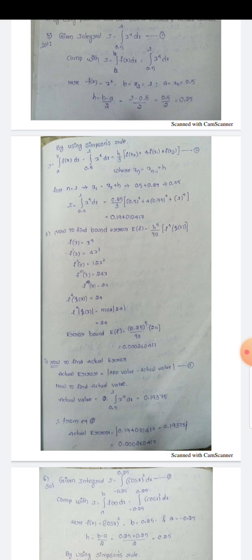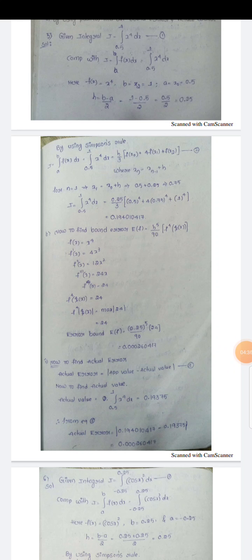After simplifying, we get the value 0.194010. Therefore, integral 0.5 to 1 x power 4 dx equals 0.194010417.